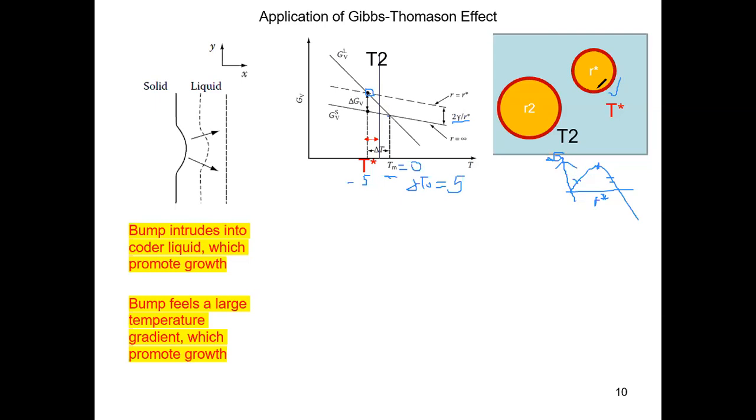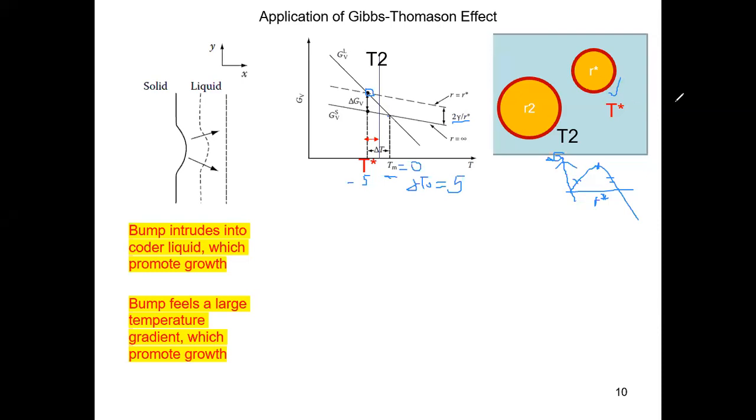Now, R star is associated with the effective melting temperature T star, and I set the system to be at this temperature T star. What is the effective supercooling this particle feels? Does that particle feel any supercooling?